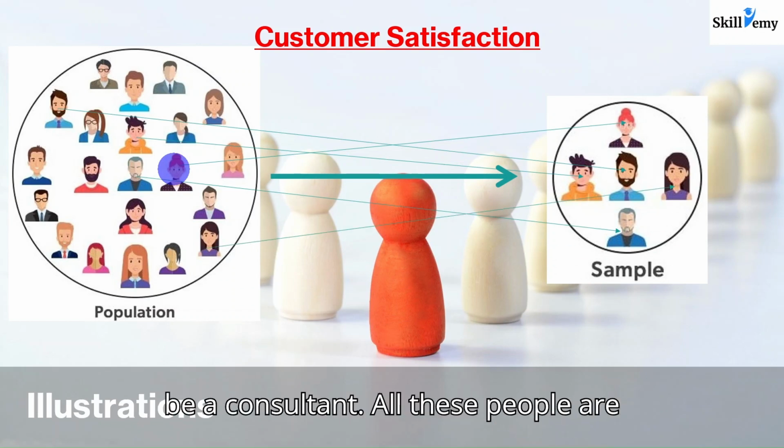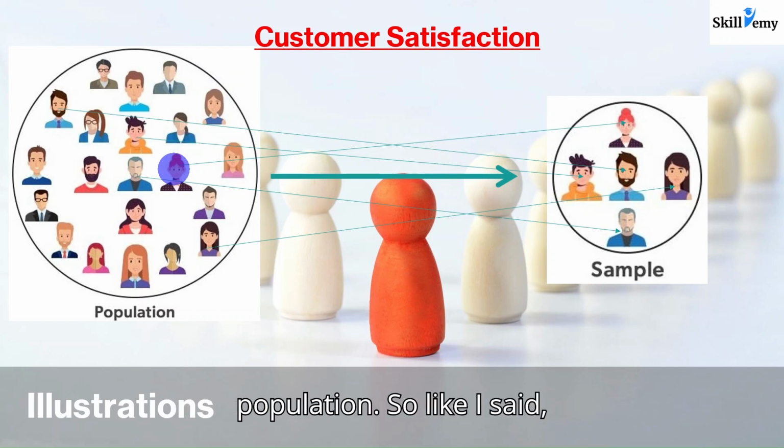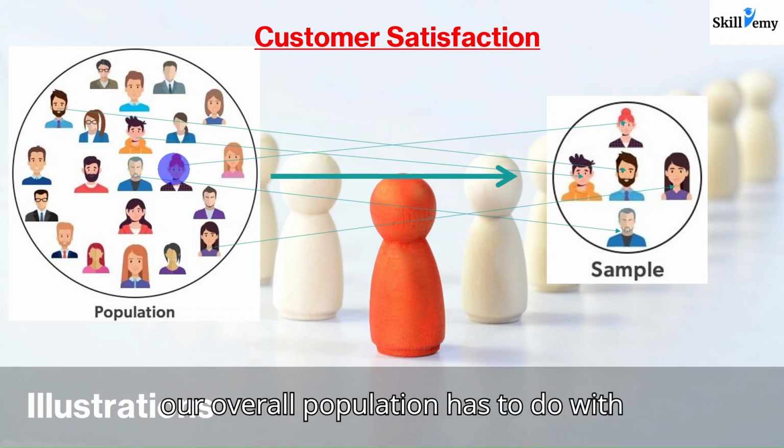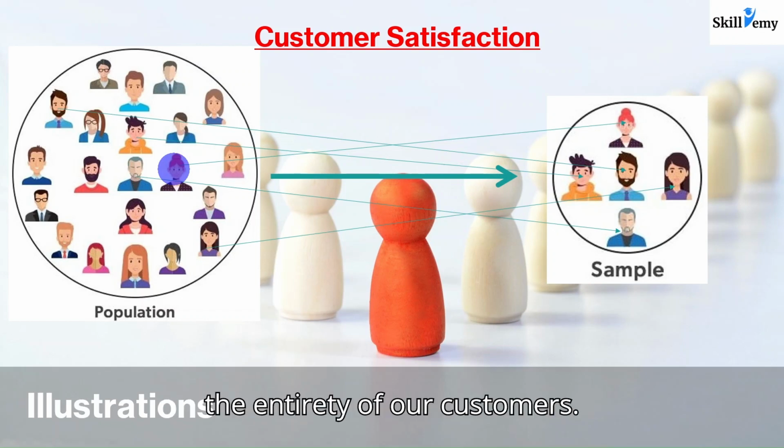All these people are a representation of the overall population. So, like I said, our overall population has to do with the entirety of our customers. Then the sample refers to those that we have selected from the entirety or from the whole that we want to observe. So they become our sample.